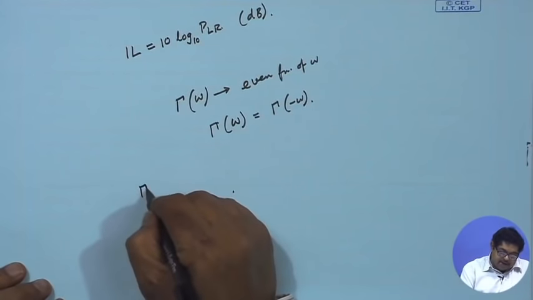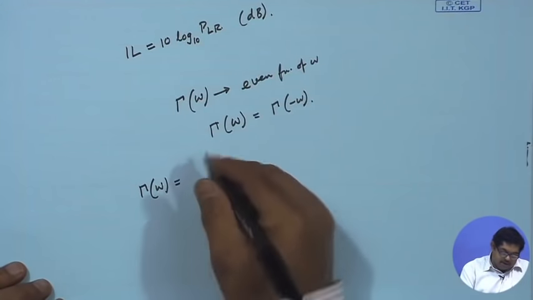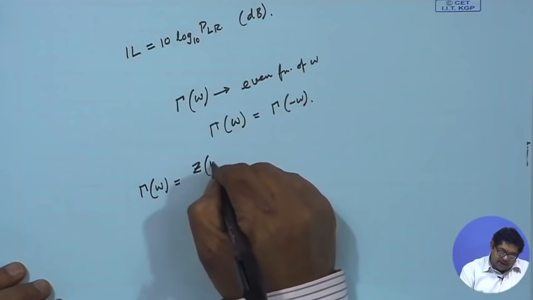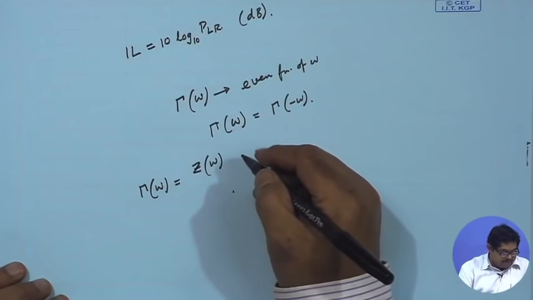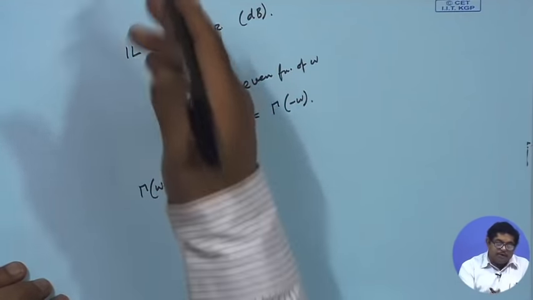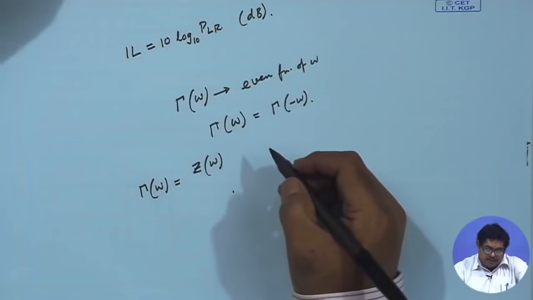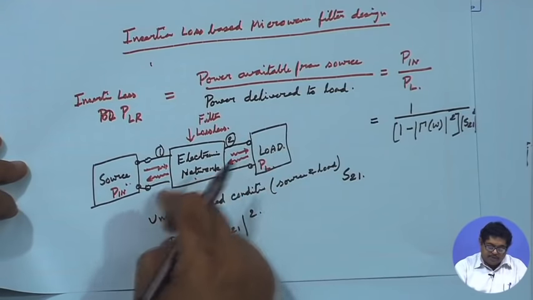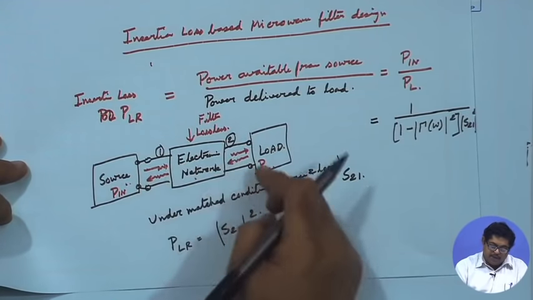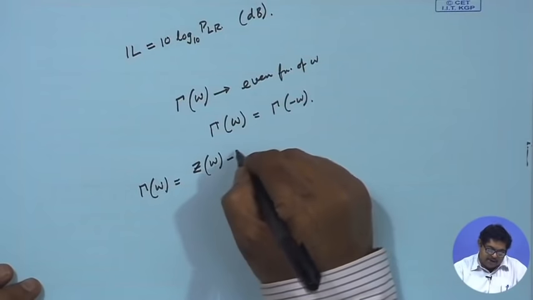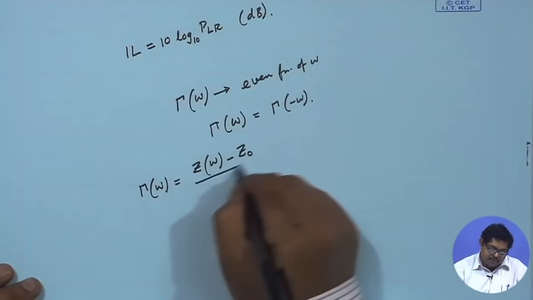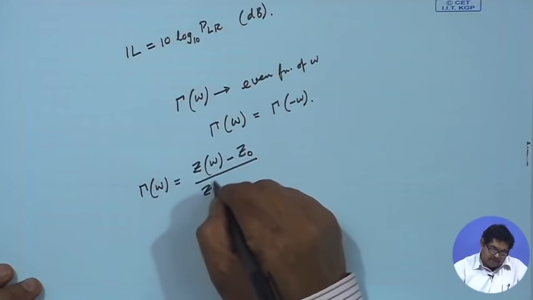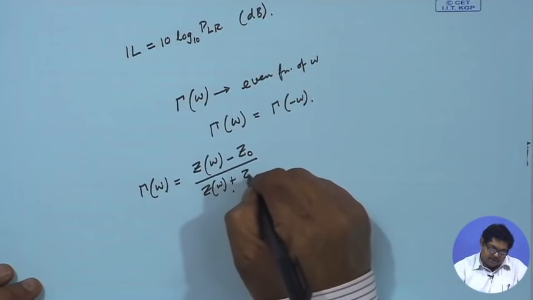Now, let me write what is gamma omega. Gamma omega is the impedance of the network, looking at either this side or this side, so input impedance or output impedance here, minus the Z naught, by Z naught plus.